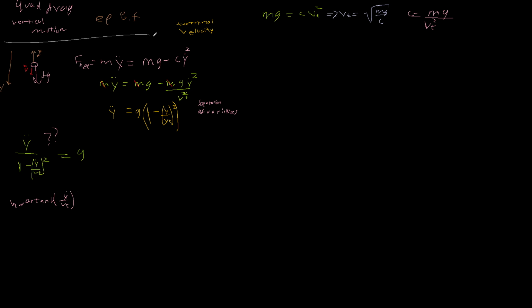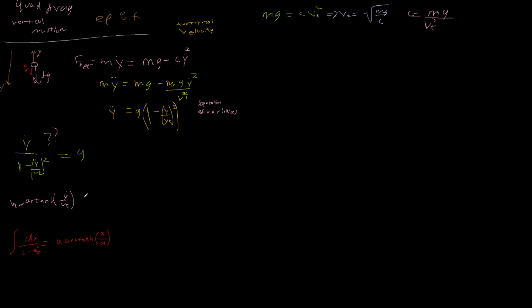So we use this property that the integral of dx over 1 minus x squared over a squared is equal to a times the hyperbolic tangent of x over a. That's what we're doing here, right?